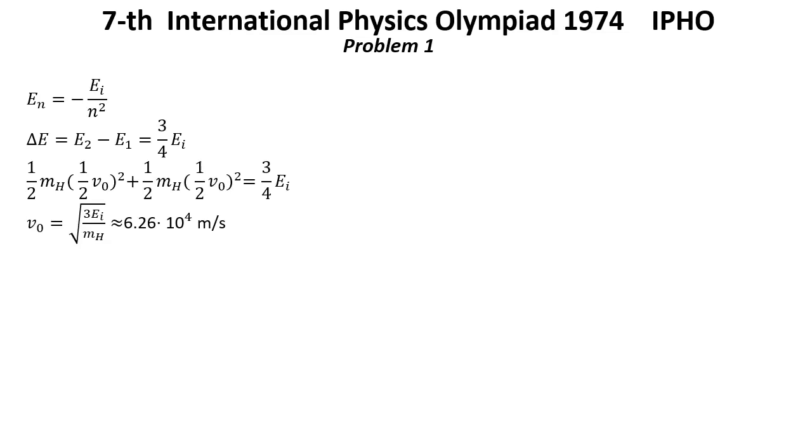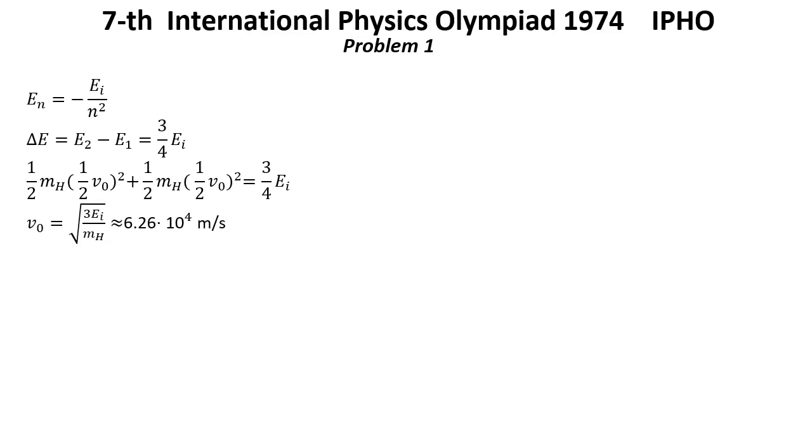Consider the case when v equals v0. The collision may be elastic or inelastic. When the collision is elastic, the atoms remain in their ground states and do not emit radiation. Radiation is possible only when the collision is inelastic.